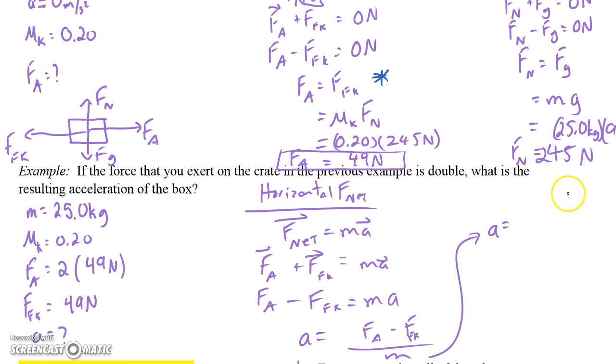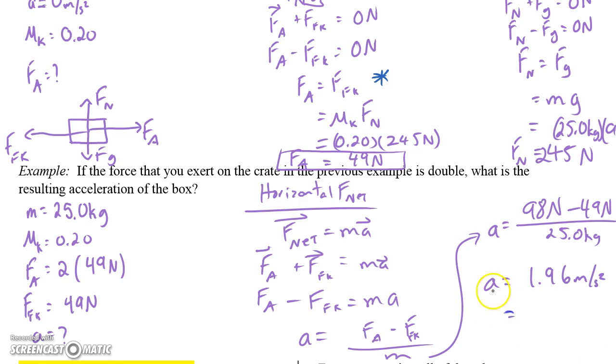FA is going to be 2 times 49, which is 98 newtons, minus 49 newtons, all divided by the mass, which is 25.0 kilograms, and our acceleration is going to work out in our calculator to be 1.96 meters per second squared, but by sig figs, it will have to round to 2.0 meters per second squared.